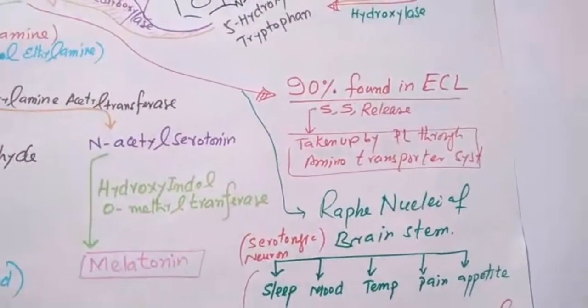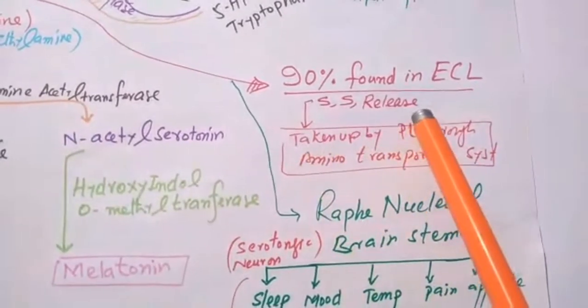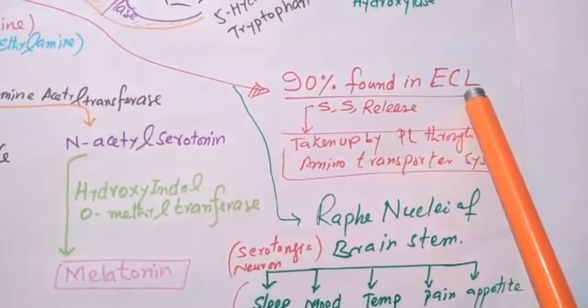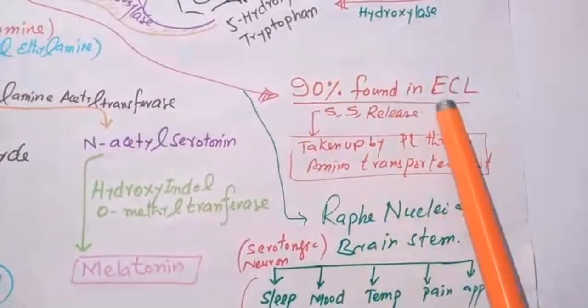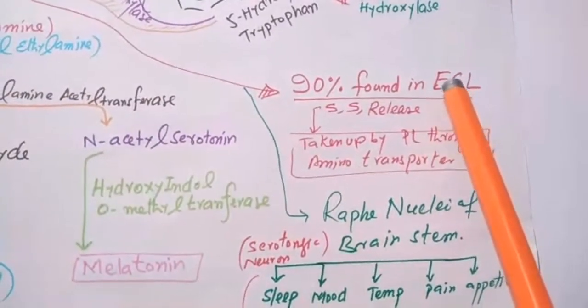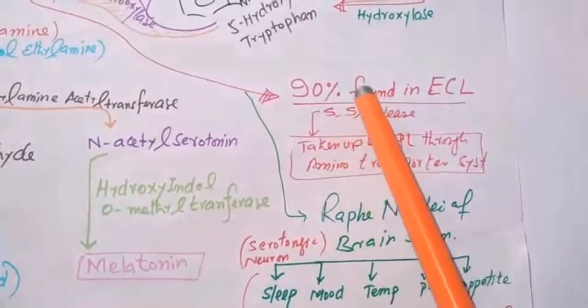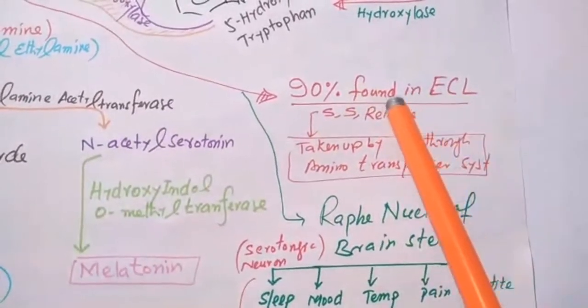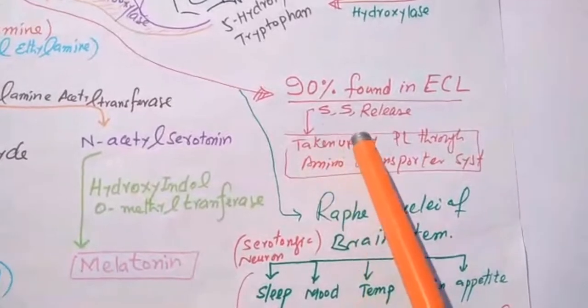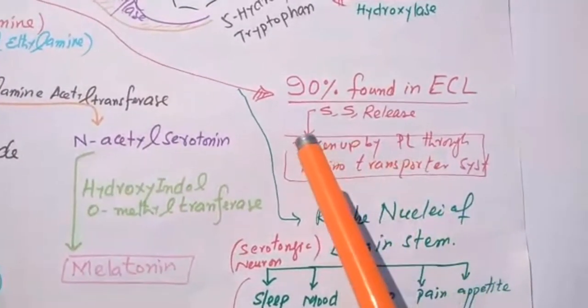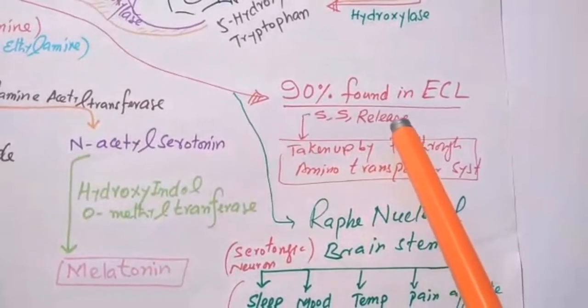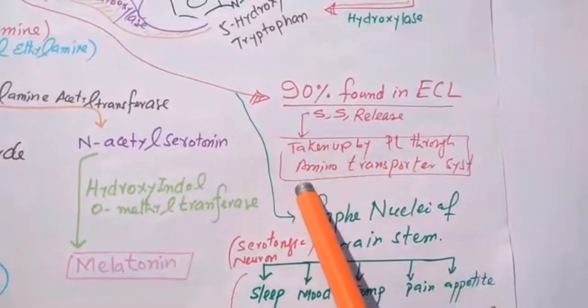About 90% of 5-HT is found in enterochromaffin-like cells. Their synthesis, storage, and release occur there. The formed serotonin is taken up by platelets through an amine transporter. There is no synthesis of serotonin in the platelets.